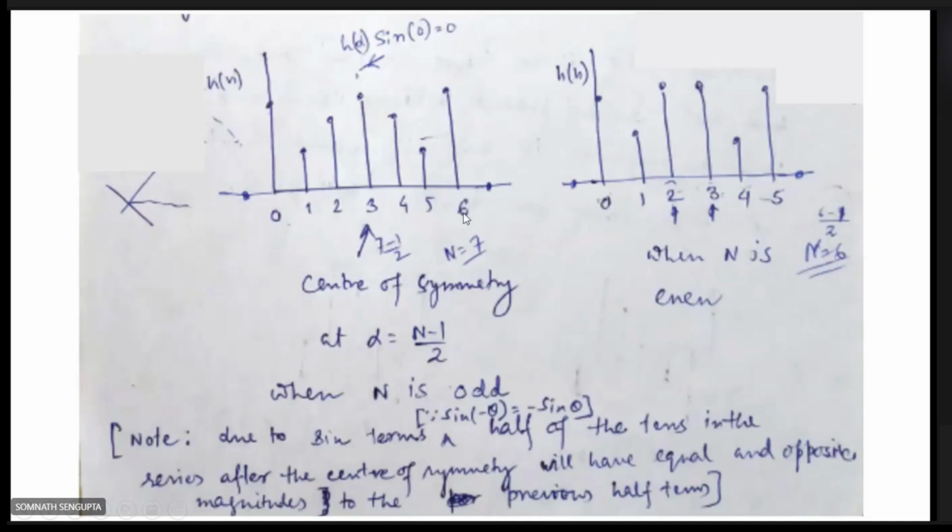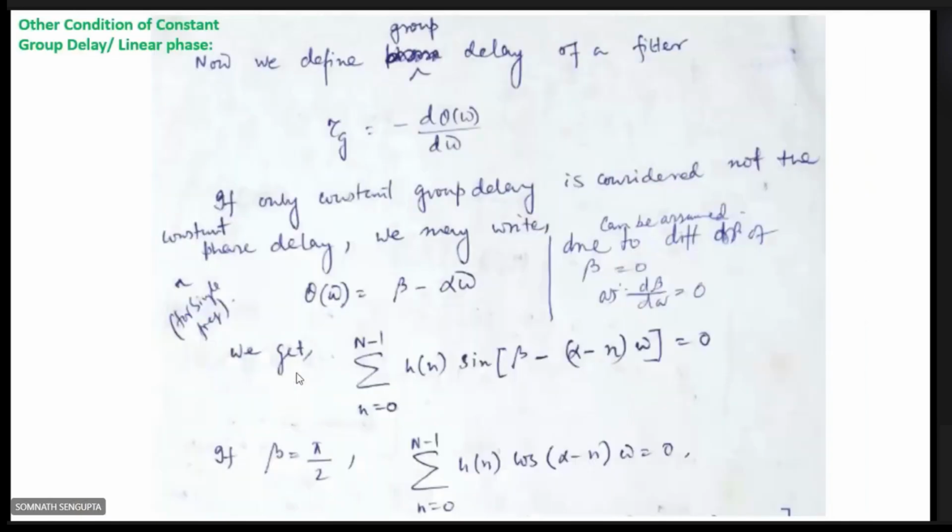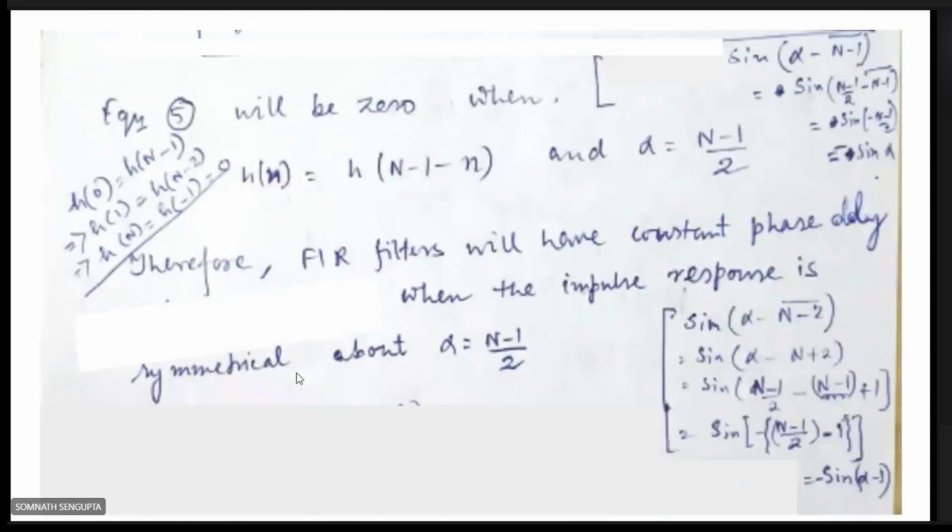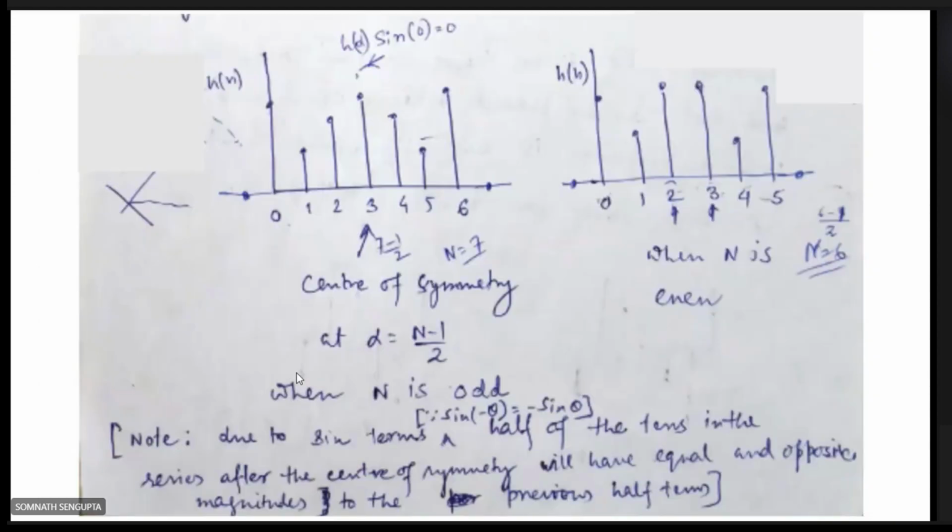And say n is even, so in that case n ranges from 0 to 5. In both the cases, for n even and n odd, the impulse response should be symmetric.